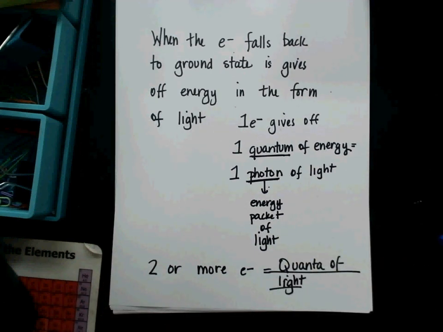That's more than one. Quantum is singular, quanta is plural. It seems backwards to me, but. So one packet of light is a photon. My electron falling down and giving off light, we say it gives off a quantum of light. If it's two or more giving off the light, then it's quanta of light.